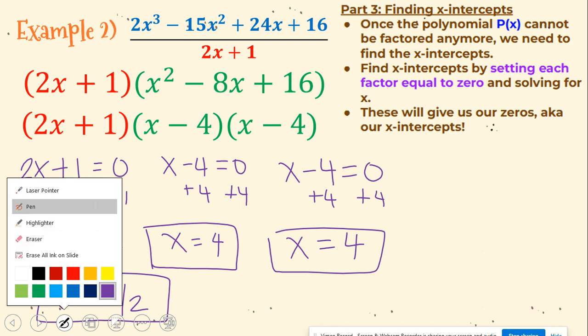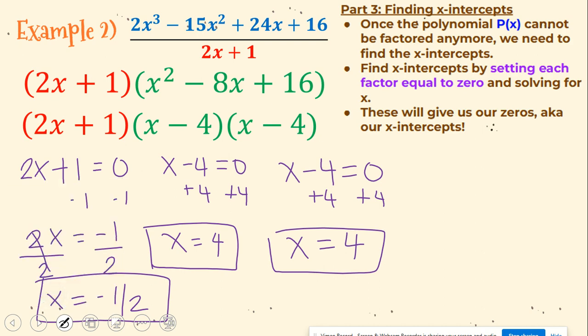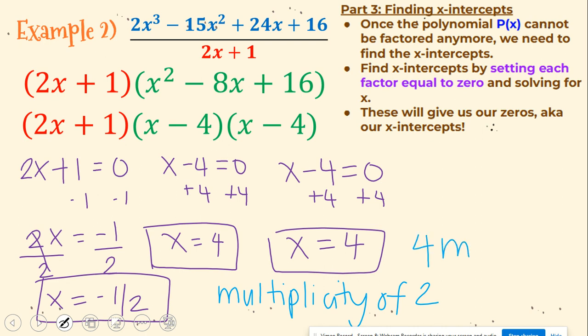So as a little note to myself, I'm going to write that 4 has a multiplicity of 2, which we know if the multiplicity is even, that's going to cause a bounce on the graph. If the multiplicity was odd, like 3, 5, 9, that's when we're going to get some sort of snake.